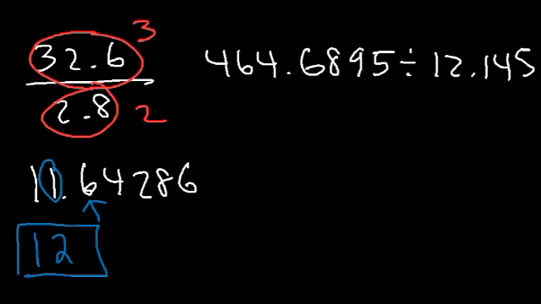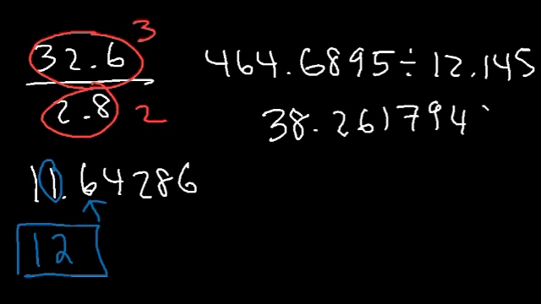So now for the next example, let's type the numbers in the calculator. 464.6895 divided by 12.145. So you should get 38.26179498. So in this number we have 5 sig figs.